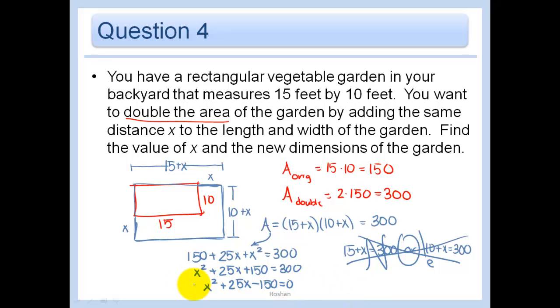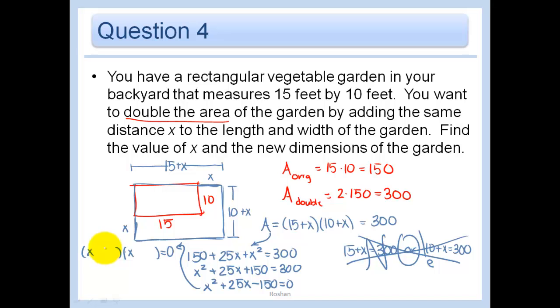And now that I have it equal to 0, I'm going to try and factor this side. I would get x and x. Let's see, 15 and 10, that would work except my signs wouldn't work, because if I had 15 and 10, in order to get positive 25, I would need plus and plus, but then that wouldn't work for that sign, so that's not going to work.